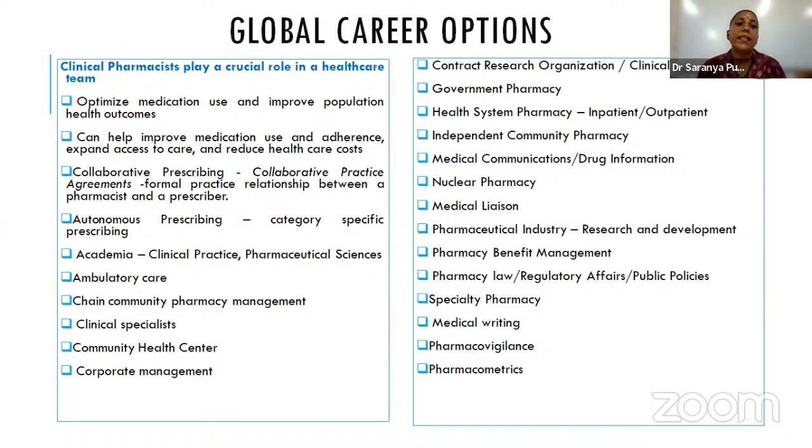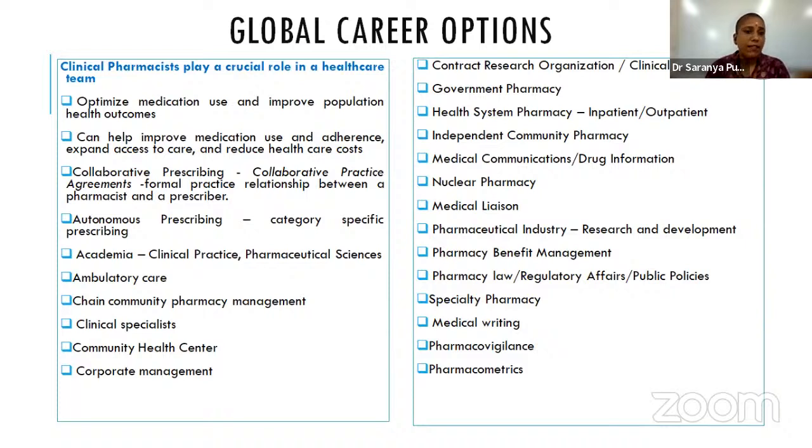They optimize medication use and improve patient population health outcomes by counseling and educating the patient about disease conditions and the different drugs received. This improves medication adherence and use, expands access to care, and reduces healthcare cost, while participating in pharmacoeconomic research and economic studies in a hospital setting or any healthcare practice.